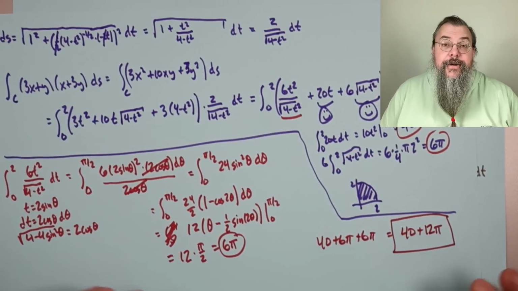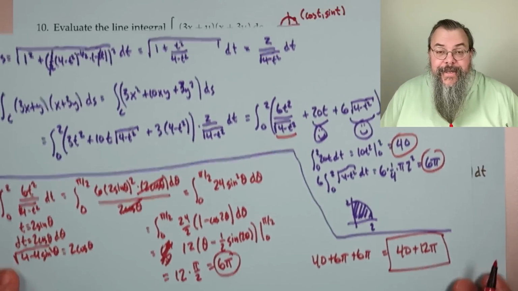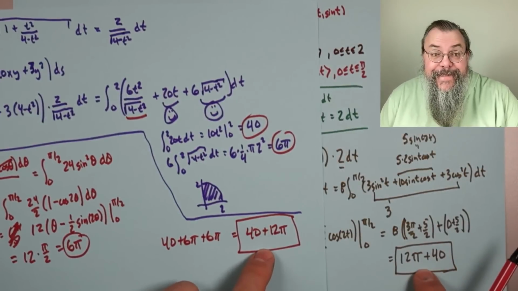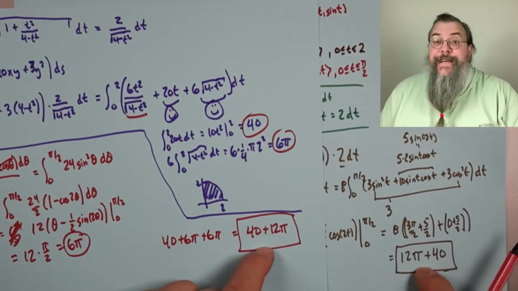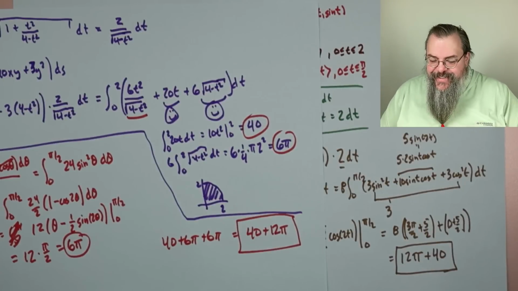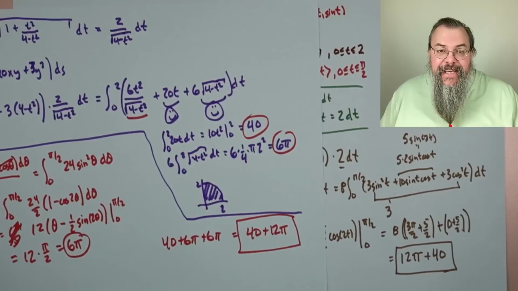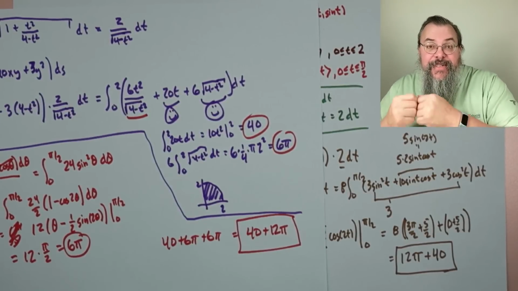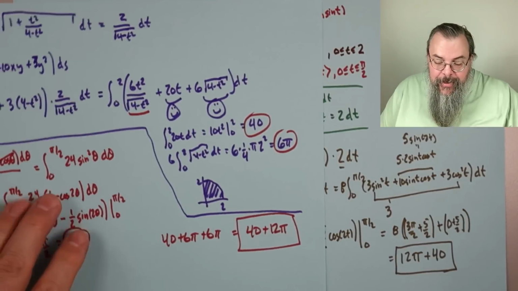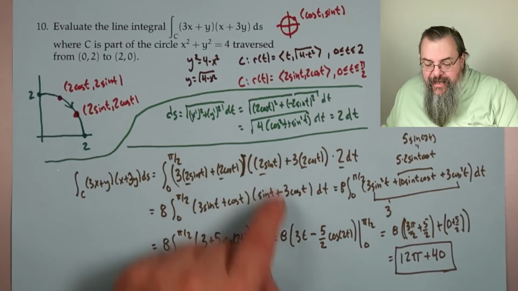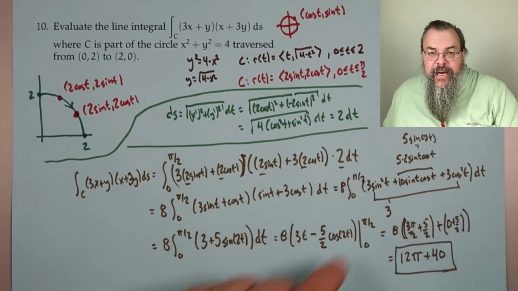And now, moment of truth. The same answer. Coincidence? No, it's not at all a coincidence. It was meant to be. You'll get the same answer because it doesn't depend on the parameterization. However, when we compare the two processes, this one used some pretty straightforward trig identities.